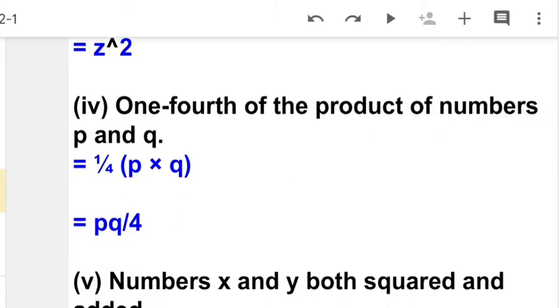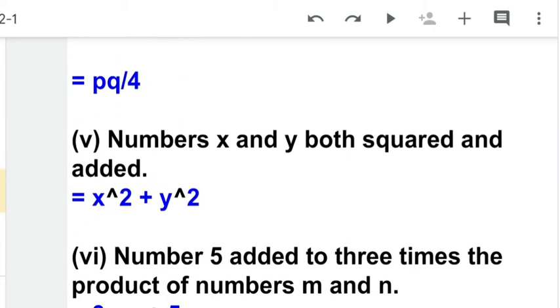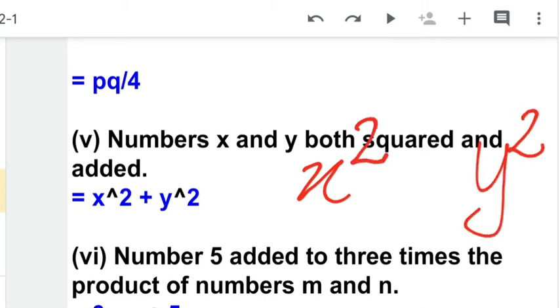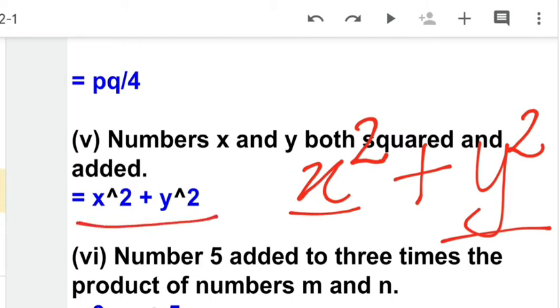Next is numbers x and y both squared and added. First we have to square them. Then we have to add their squares, that is x square plus y square.